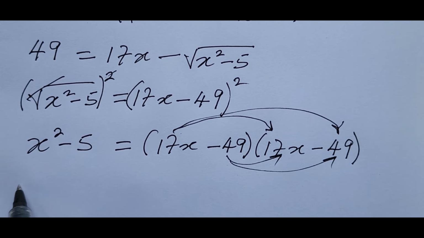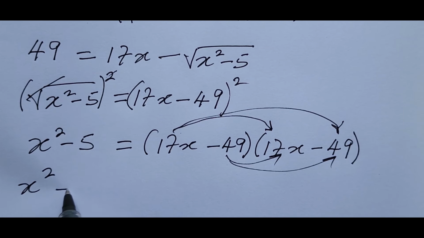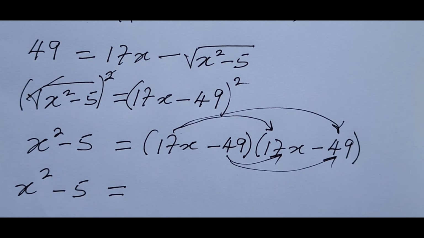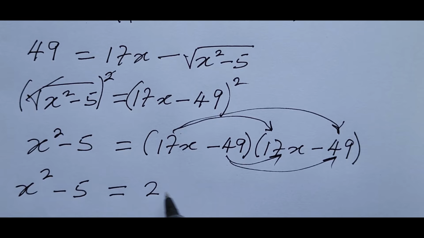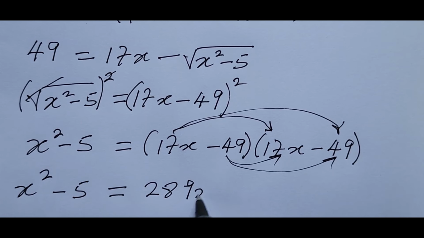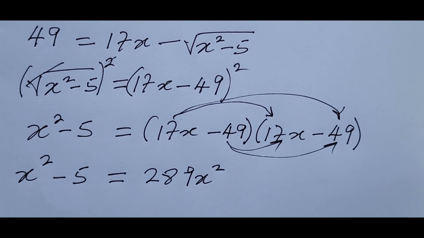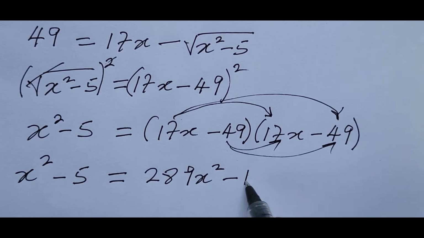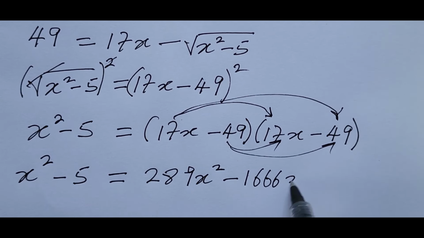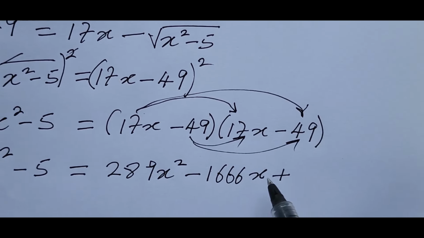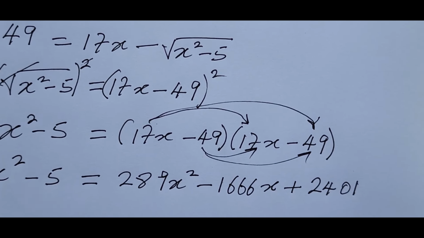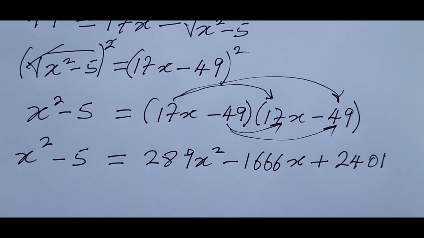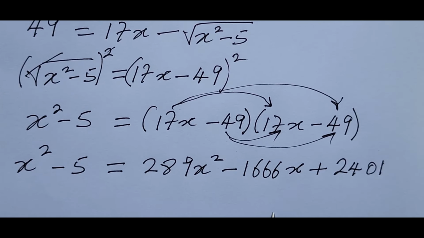So this is going to give us x to the power of 2 minus 5 is equal to 289x to the power of 2, then minus 1666x, then plus 2401. Good. So if you simplify everything out here, you're going to come up with this.